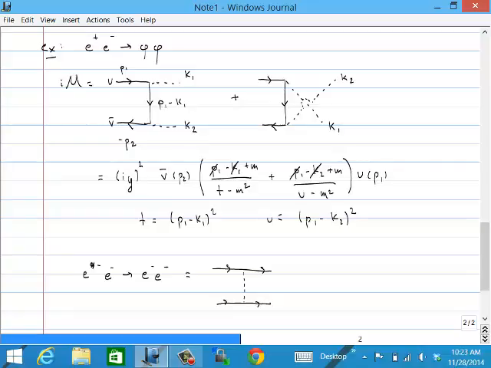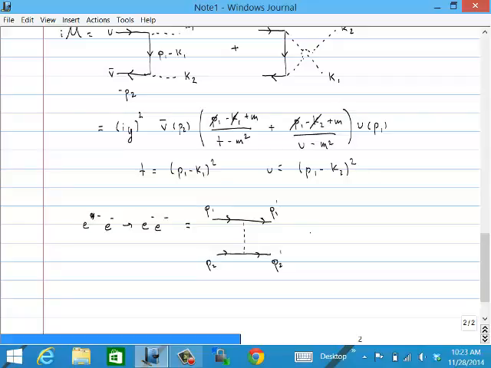So for example, this is the amplitude that you would study if you wanted to describe the force between two nucleons coming from pion exchange. Okay, so this is the force that keeps all of the protons bound together in the nucleus of an atom. So here let's call these momenta P1, P1 prime, P2, P2 prime.